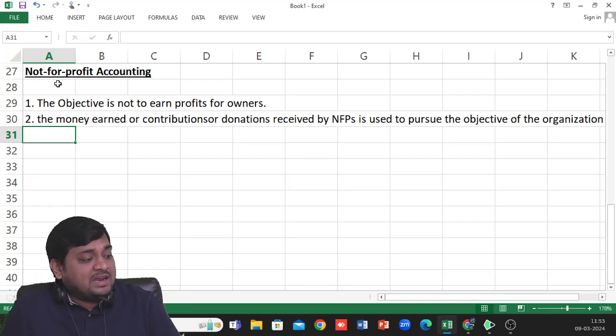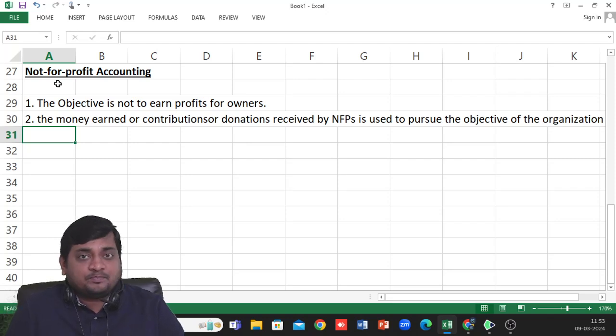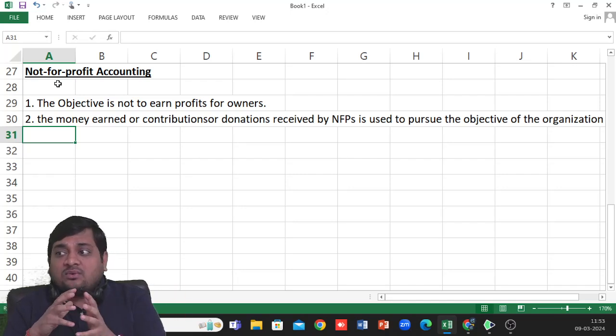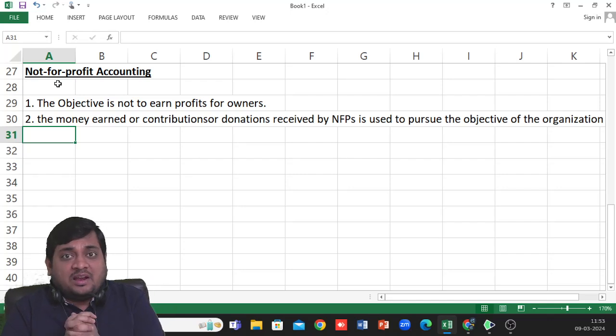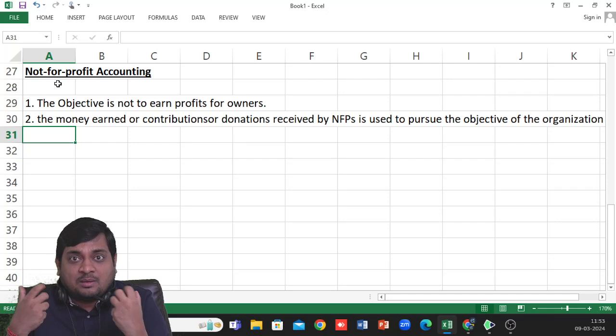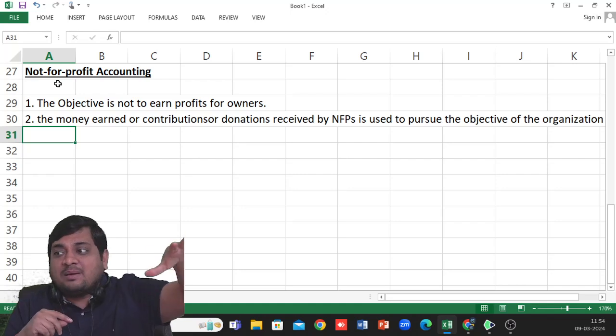Basically I can do some kind of commercial activity, right? These not for profit organizations can do some kind of commercial activity, like I can organize a stage show by calling a big artist, right, where I can sell tickets. I can generate some resources, some money is earned, but that money earned is not distributed among its members.